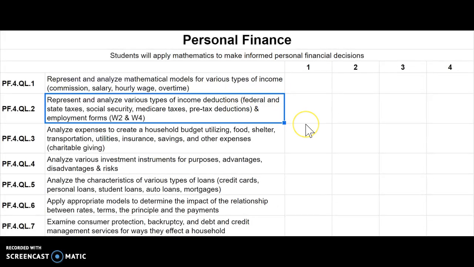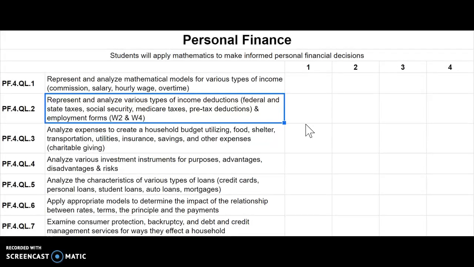The next piece, you're going to represent and analyze various types of income deductions. So this is a part of the budget challenge as well, because you're not getting paid that $16.08 every single 2 weeks. You're actually getting lots of deductions. Your federal and state taxes are withheld, so is your Social Security, Medicare, and pre-tax deductions. Remember that health insurance that comes out pre-tax that you guys were kind of upset about to begin with?